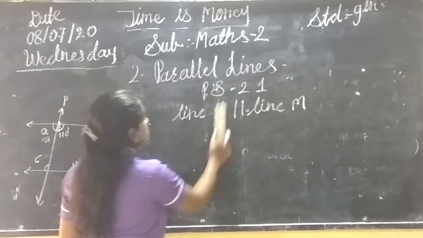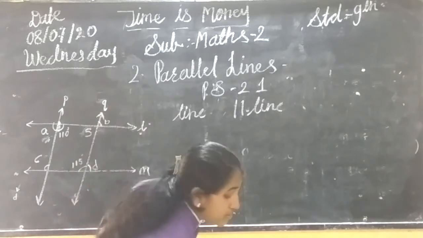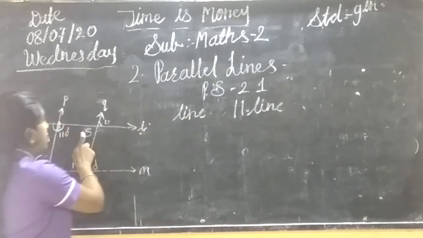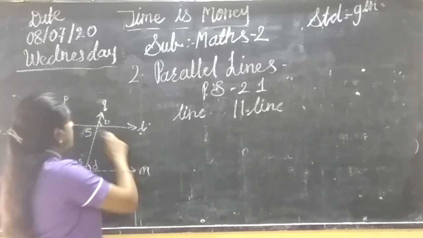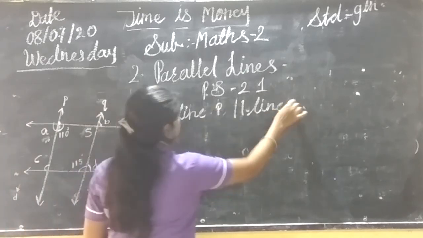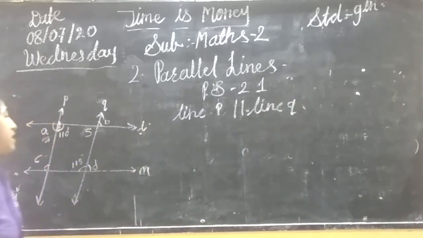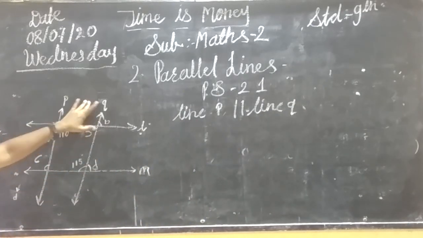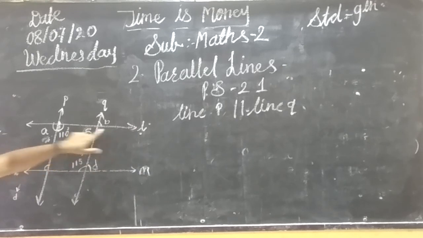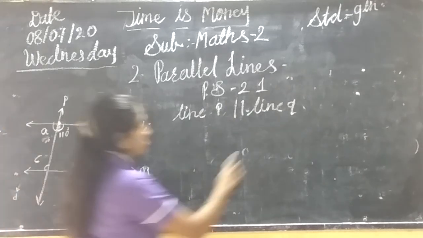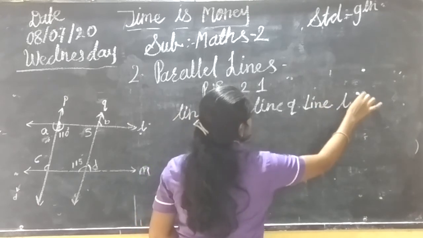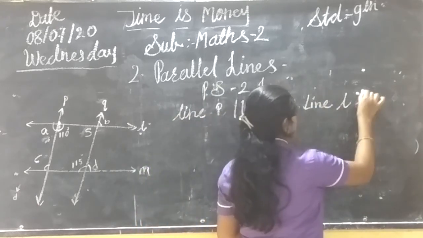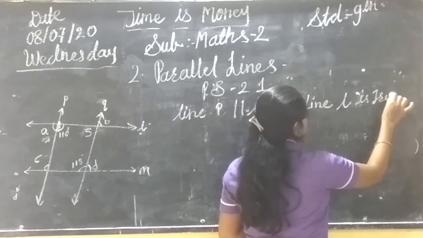Sorry, as we have to find B, first we have to find S. So we can show the opposite angle. So we have to give line P parallel to line Q. L and M are not parallel, P and Q are parallel. And which are the transversal lines we have to show here? L is the transversal line.